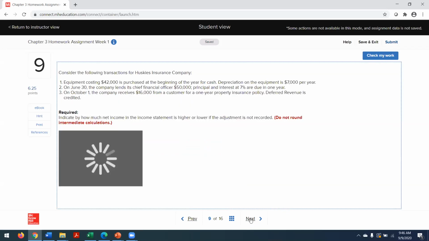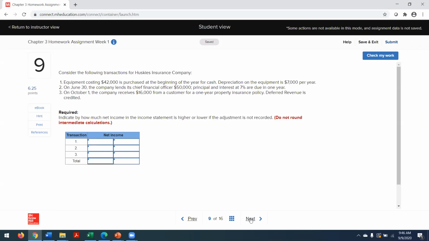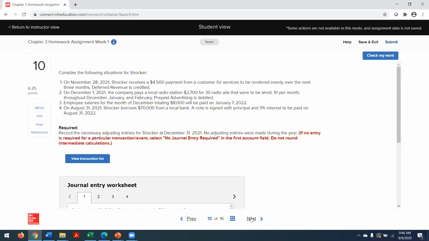Next, I just want to show you this one, considering these transactions, indicate how much net income in the income statement is higher or lower if these adjustments did not get recorded. This is showing the importance of recording these adjusting journal entries.